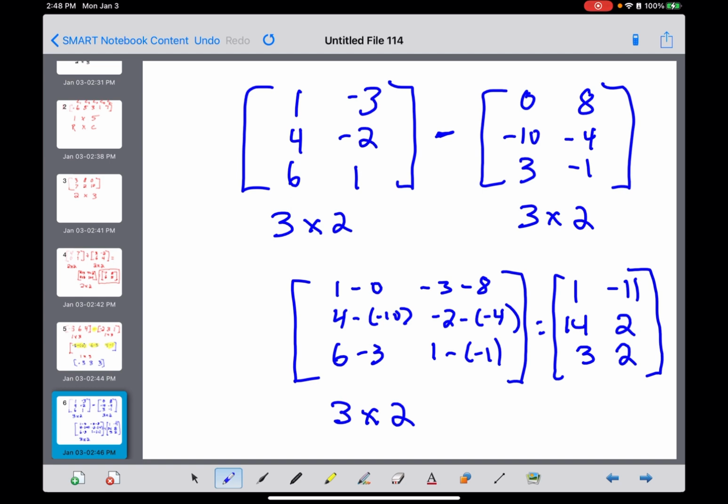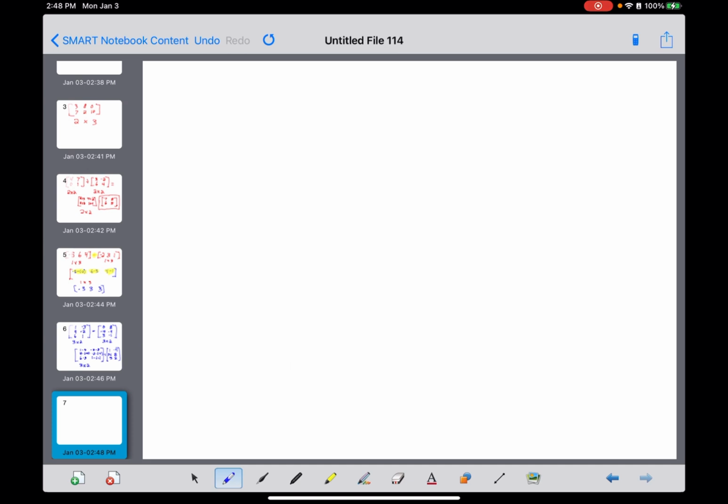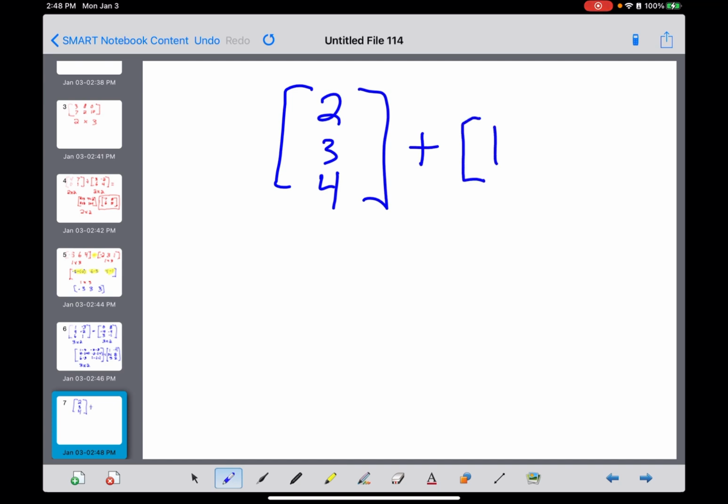Now again, remember, they have to have the same dimensions. So if I try to do something like this and add those two things together, we've got a 3 by 1 and a 1 by 3. You can't add those together.